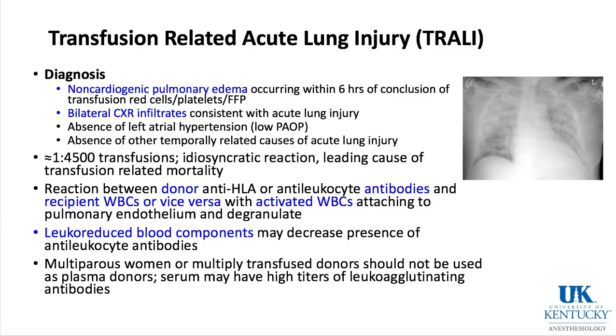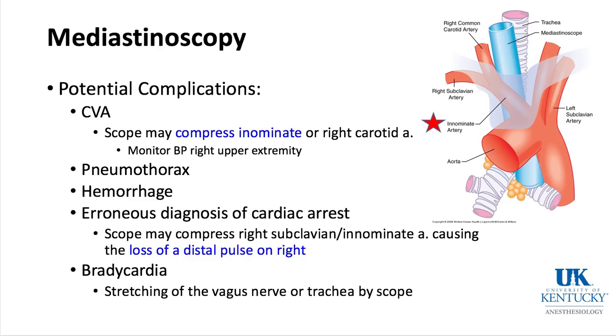The next topic is mediastinoscopy, which is usually performed to obtain lymph node tissue in the staging of lung cancer. The graphic at the far right shows the mediastinoscope in blue in front of the trachea and behind the aorta.